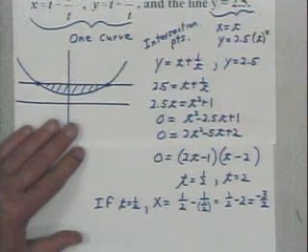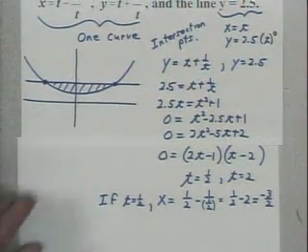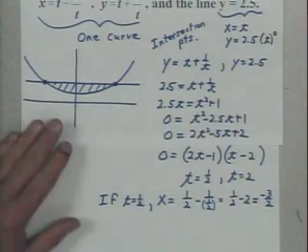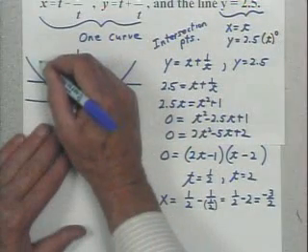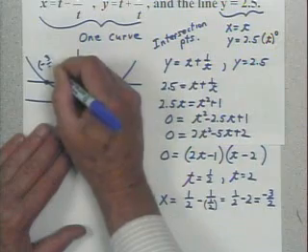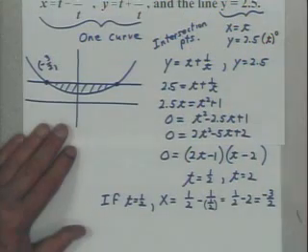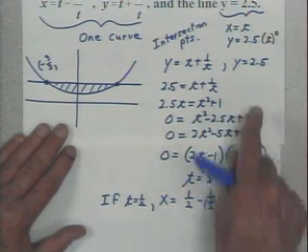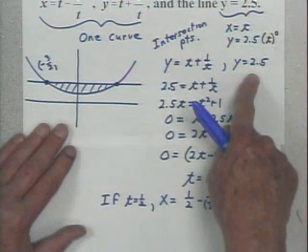Which point do you think has an x-coordinate of minus 3/2? I would guess maybe the one on the left here. Oh, but what's the y-coordinate? No, it's on the line, 2.5.